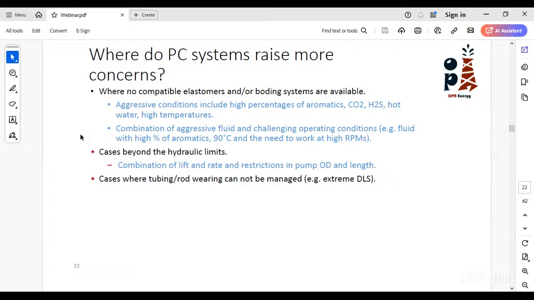One of them is the incompatibility between the elastomer or bonding system and the aggressive fluid that you are producing. Another is the limited diameter of the stator and the limited capacity inside the casing you have.